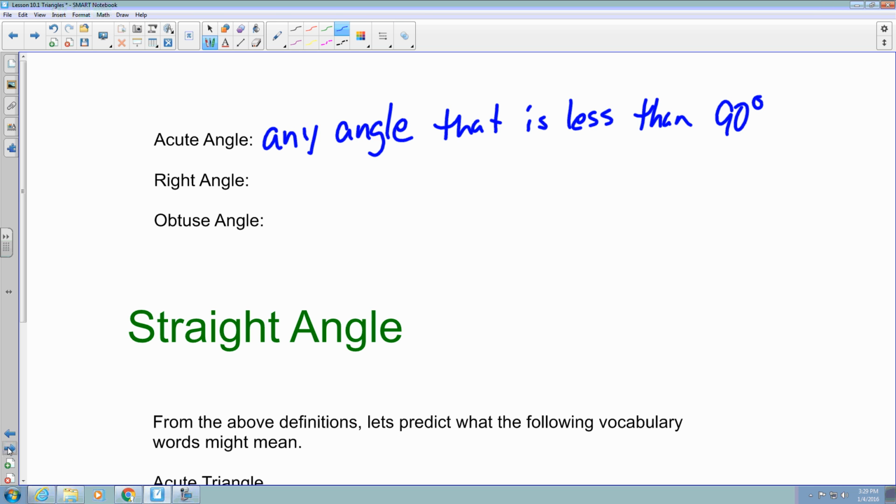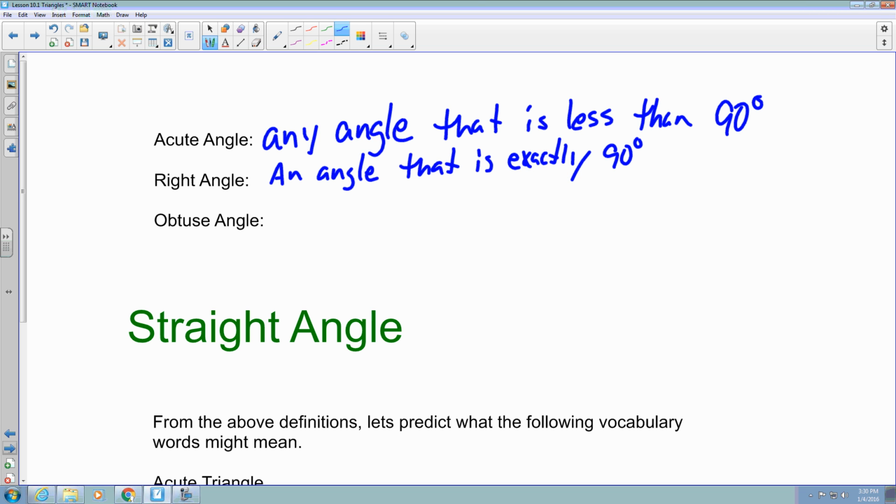A right angle is an angle that is exactly 90 degrees. When we were talking about right angles using the Pythagorean theorem, those were all right triangles, so they had a right angle.